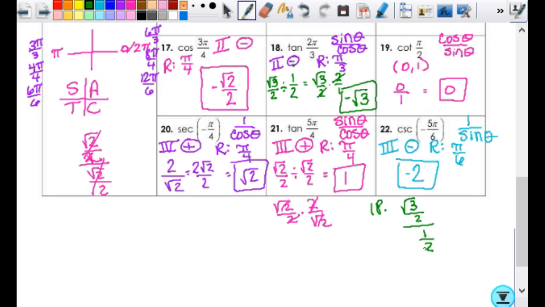Second of all, I'd rewrite it anyway, and we didn't have a whole lot of room for it. This just means division, so I just wrote it as division instead of as a big fraction. Does that make sense to you? And then when you divide fractions, you actually multiply by the reciprocal. So that's why I flipped the 2 over 1. And then the 2's cancel out, and I get that number. So once you set it up, it's just a fraction thing, and it just depends on what the numbers are.